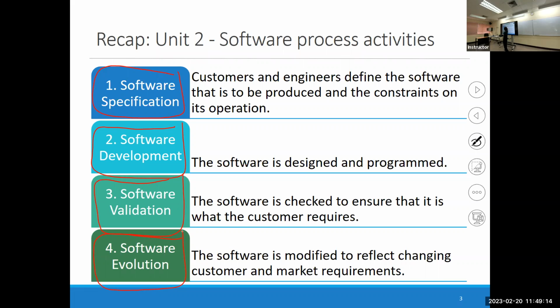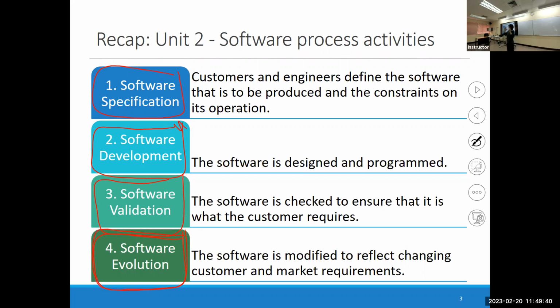Then after you have some idea of what is to be done, you move to development. Then we do the validation, making sure that what we develop is the right one that users need. And later we could move to what is called evolution.